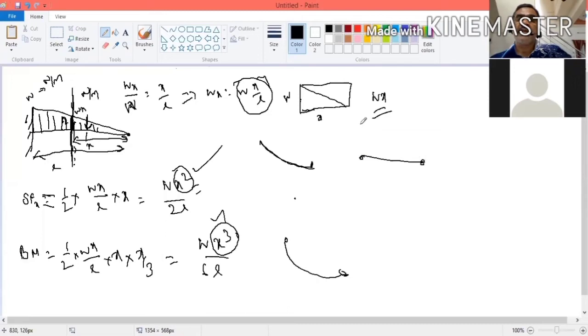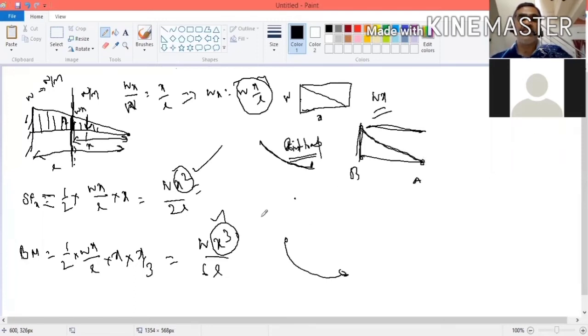Between 2 points, let us take a point load. In case of a point load, the shear force is uniform, but the bending moment is linear. This is A, this is B, another point. Between these 2 points, it is linearly varying.